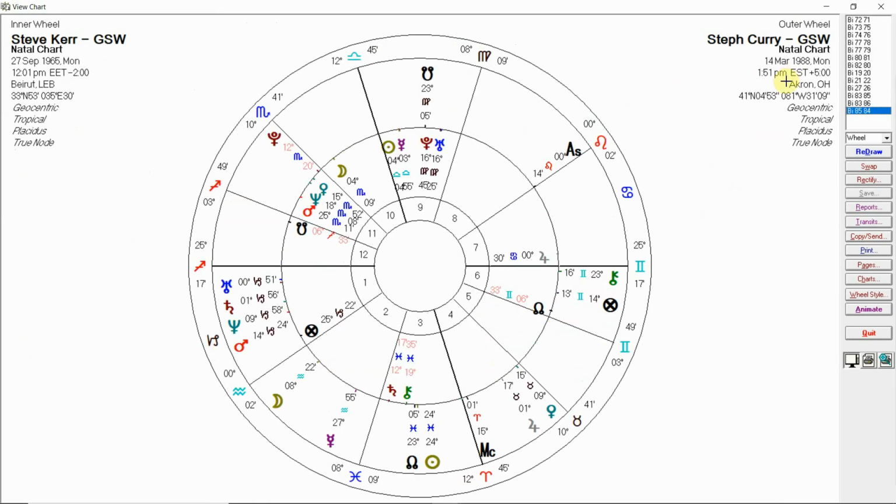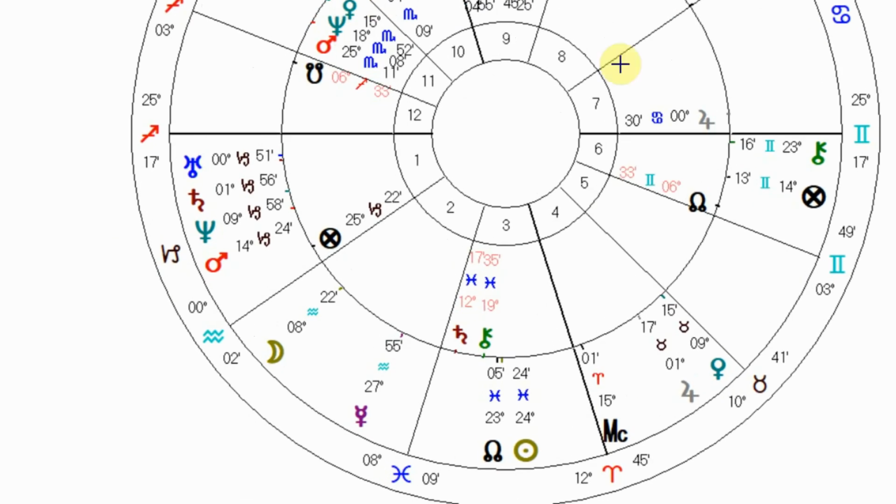Looking at Steph Curry, the leading point scorer in the final series. How does he link in? Well, Steve Kerr's on the inner ring here. You can see Steve Kerr's Mars at 25 Scorpio is trine the Sun of Steph Curry at 24 Pisces. And if you remember, that degree area was on the IC, conjunct Mars and Neptune for a lunar eclipse prior to the final series.